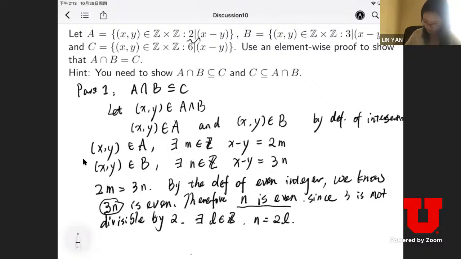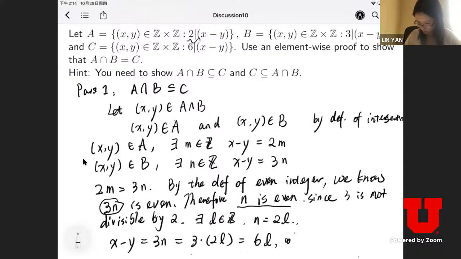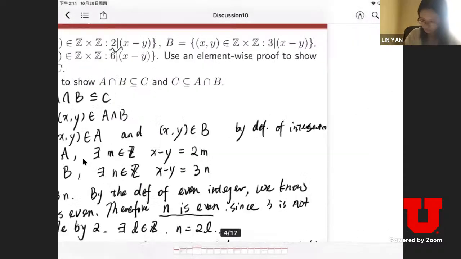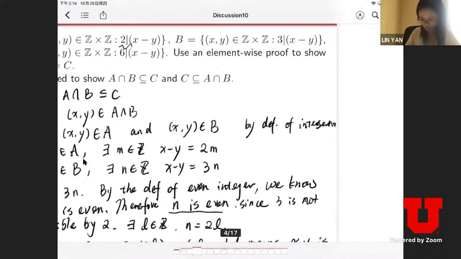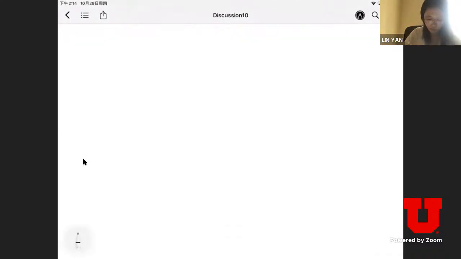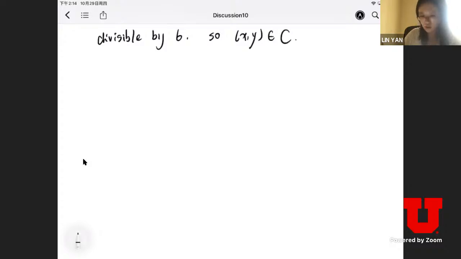And then we have x minus 1 is equal to 3n, so it is equal to 3 times 2l, which is 6l, which means x minus y is divisible by 6. So xy is an element of C.